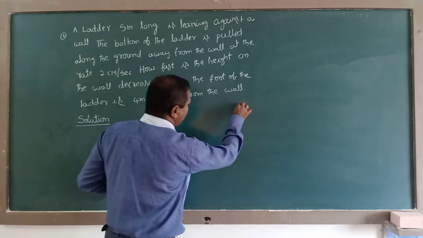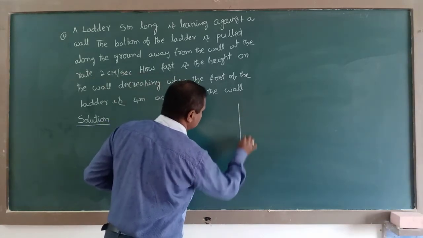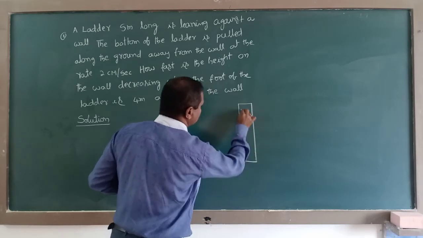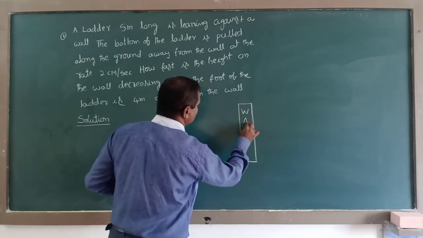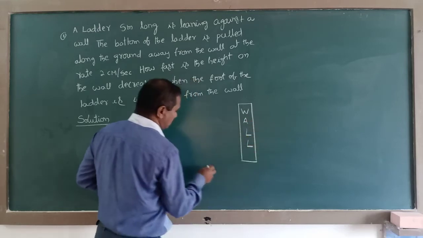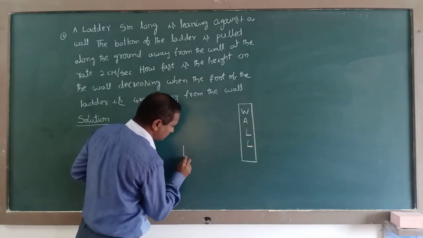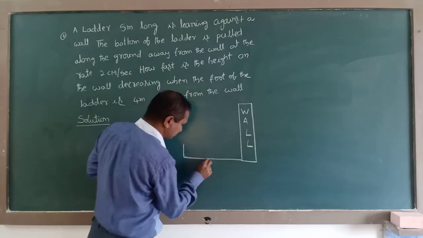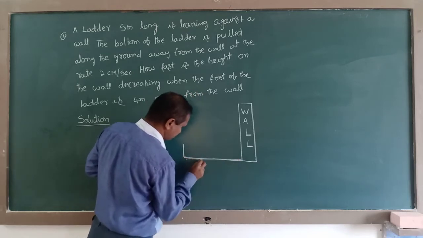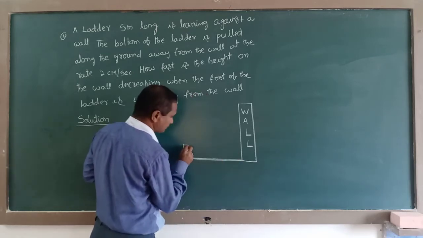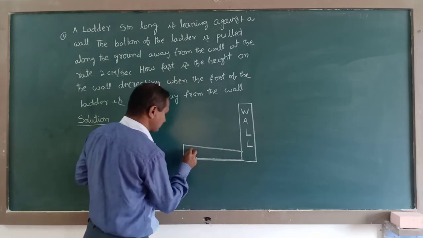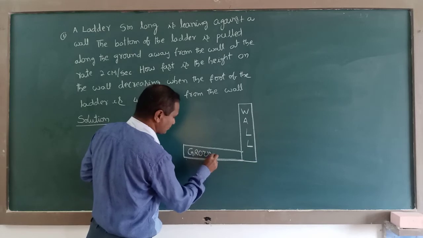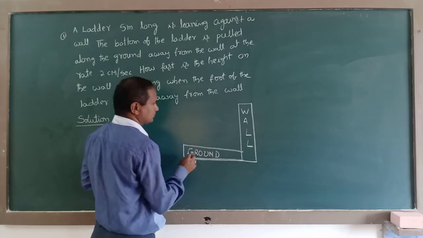it's a wall. It's a rough diagram. It's a wall here. Against the wall, one ground is there here. Ground it is.